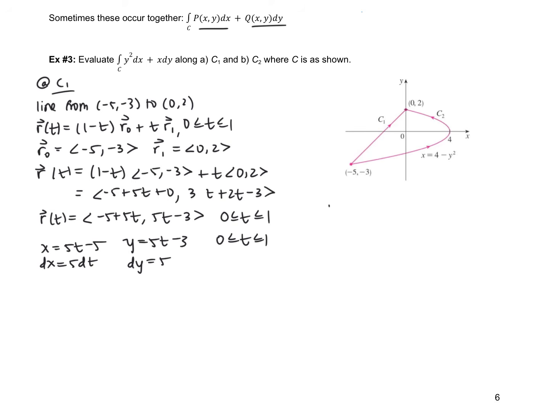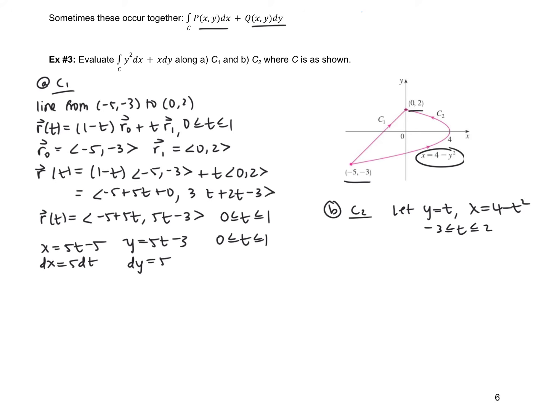While I'm at it, I'm also going to look at that second curve. So that second curve, you can see, same 2 points, but now it's along the curve x equals 4 minus y squared. So what we can do is we can let y equal t. So then x is 4 subtract t squared. And t then, or y, is going from -3 to 2.